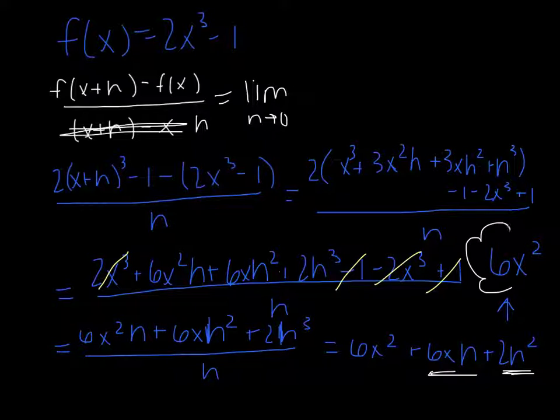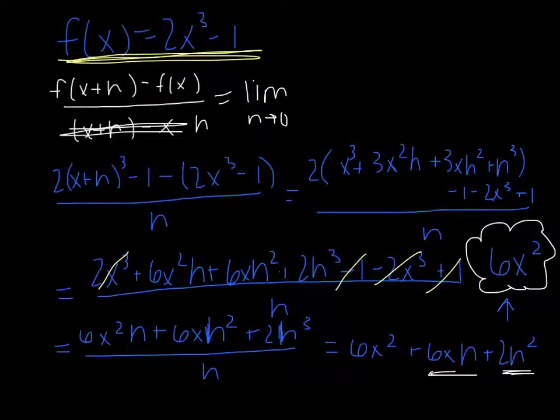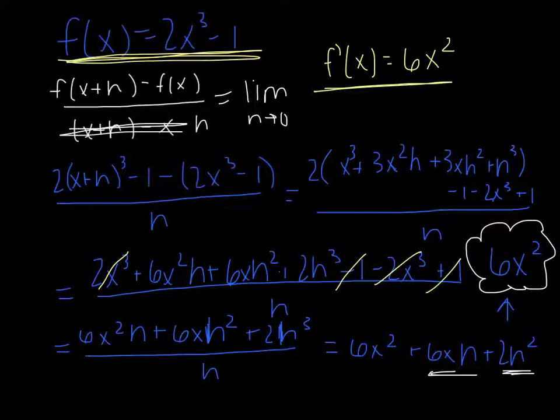So this is the derivative of f of x equals 2x cubed minus 1. And I would write that in this notation: f prime of x equals 6x squared, and that is the derivative. So yeah, there you go.